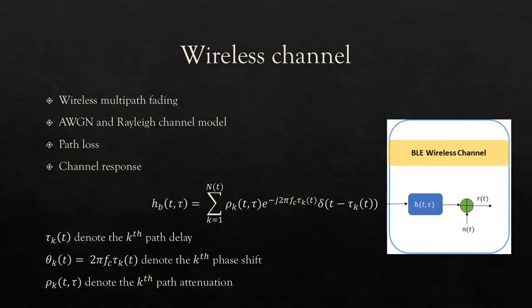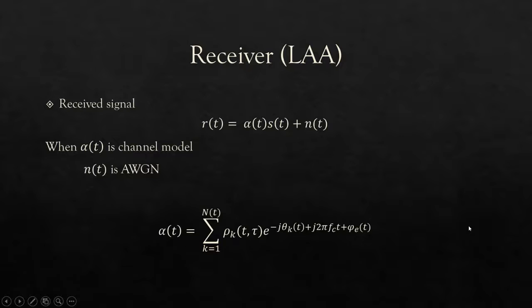You can see that on the right hand side we have the channel response here, and then we will add the noise. For the receiver, which is the LAA, the receive signal formula is as you can see from the top formula here, and the alpha here is the channel model, and N is the AWGN noise.